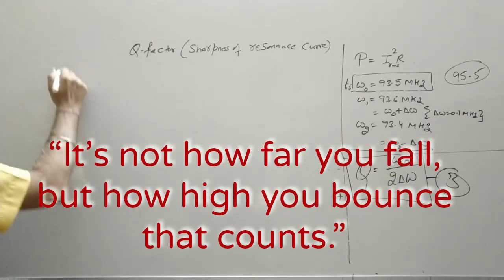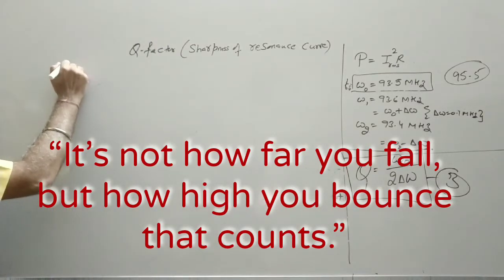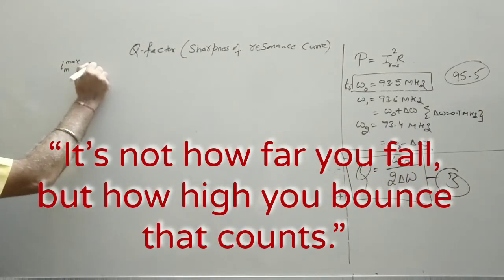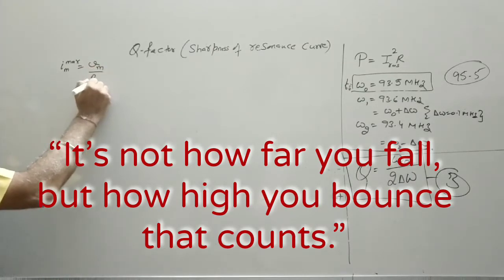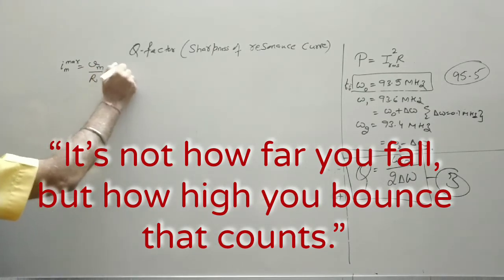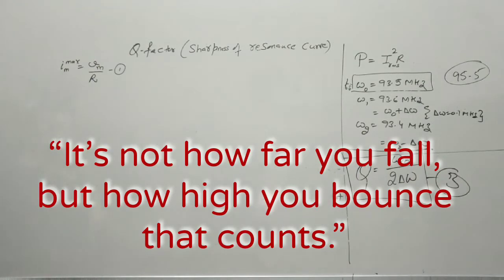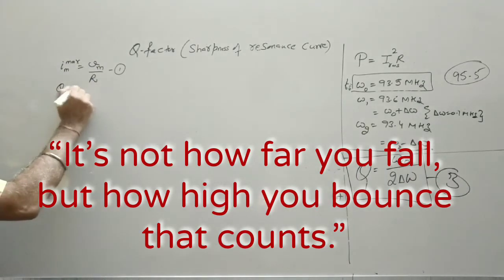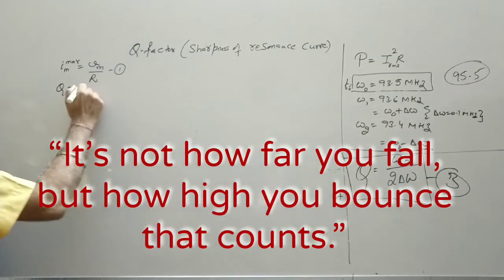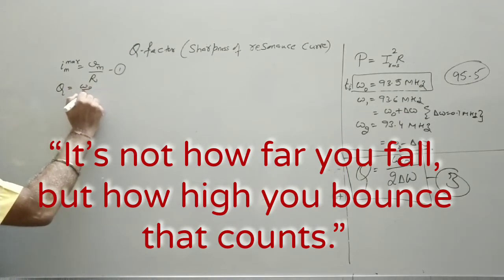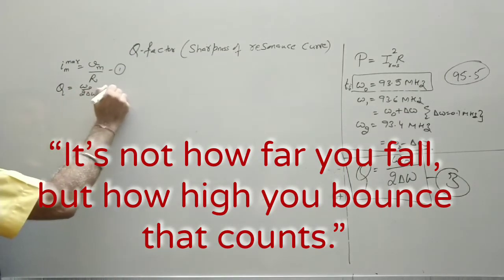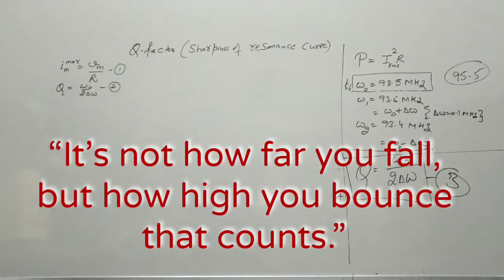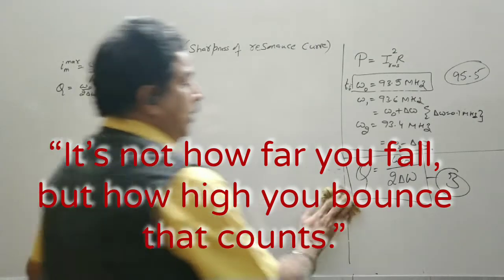We write here Im max is equal to Vm upon R. We take this as equation number 1, and the Q factor is written as omega naught upon 2 delta omega. Let us name this as equation number 2.